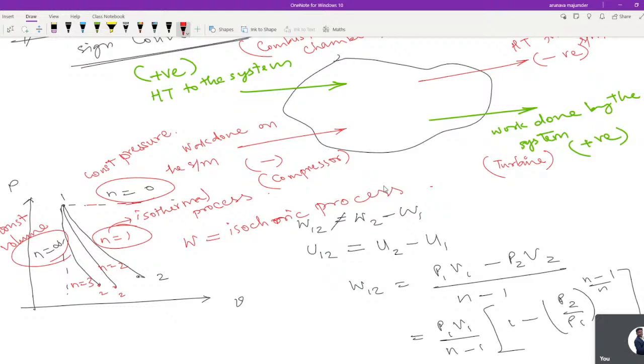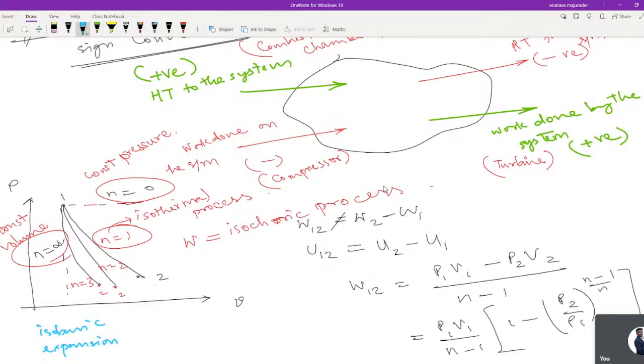If they ask whose work done is the highest, in a graphical representation, whose work done or expansion is going to be more compared with the others, it's going to be isobaric expansion.